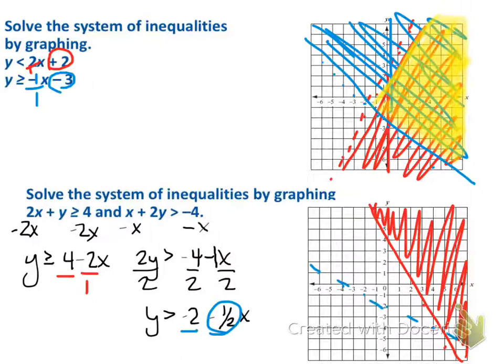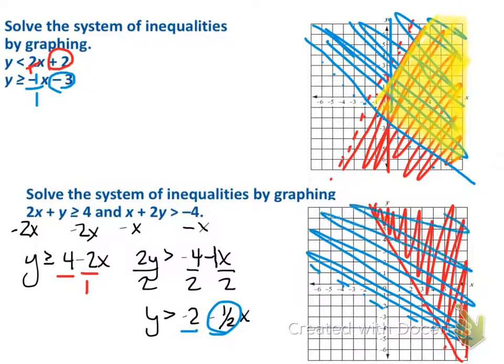And we are shading where y is greater than, so that's all of this area. So where is our overlapping happening? In this area here. So that's where my final answer is going to be, where the two shaded regions intersect.